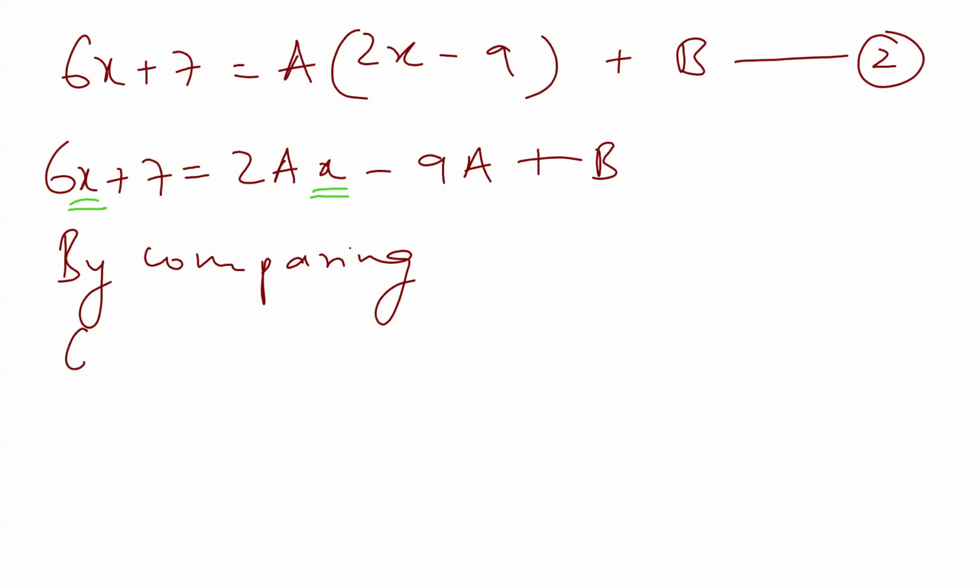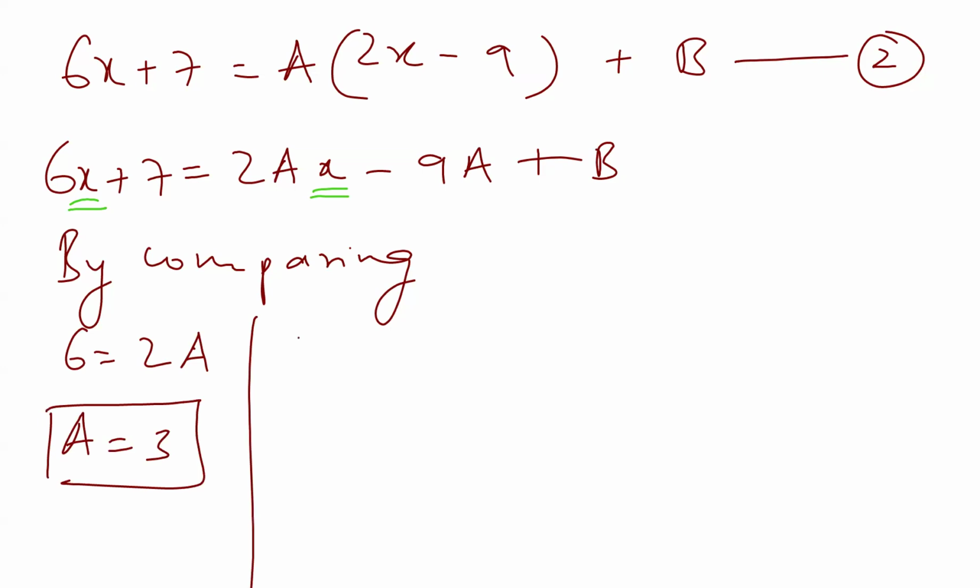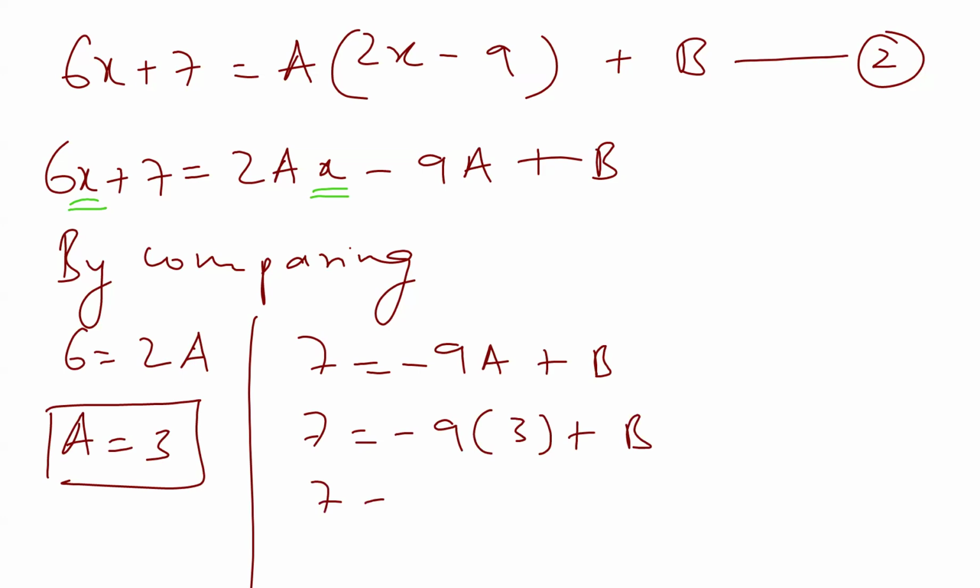So 6 is equal to 2a, a is equal to 3. And compare the non-x terms. So 7 is equal to minus 9a plus b, minus 9 into 3 plus b. So 7 is equal to minus 27 plus b. So b is equal to 34.